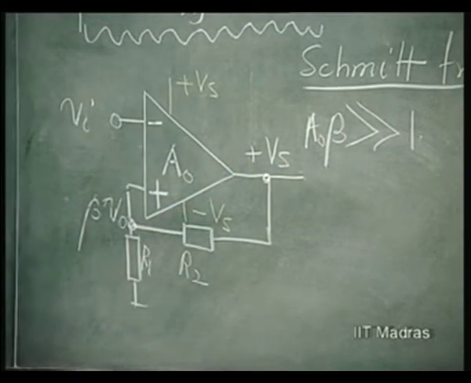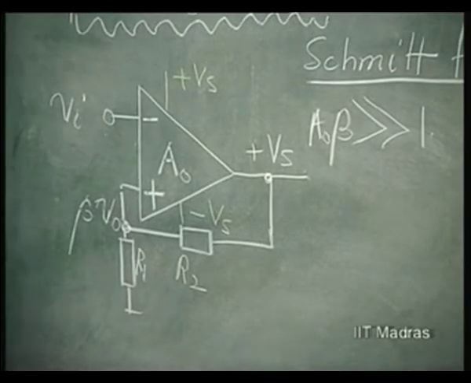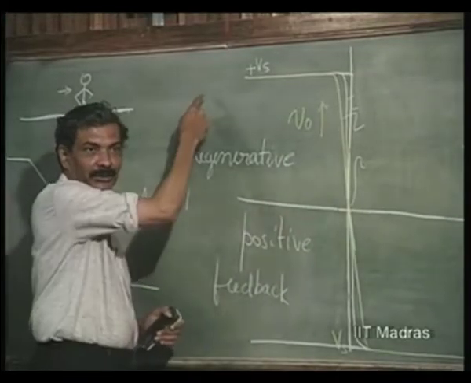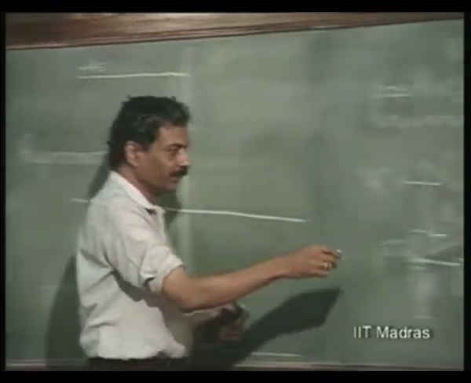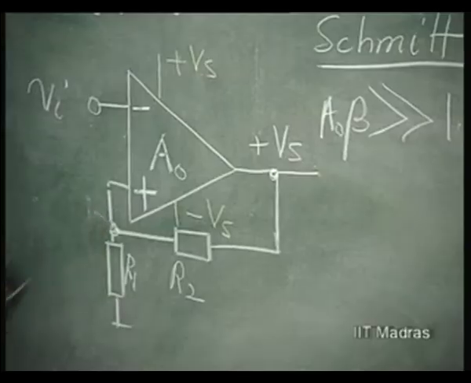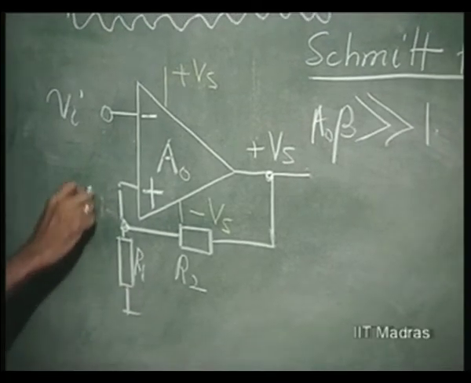So this is plus Vs. For Vi large negative, the output is at plus Vs. If this is at plus Vs, this will be at what? Beta Vs.